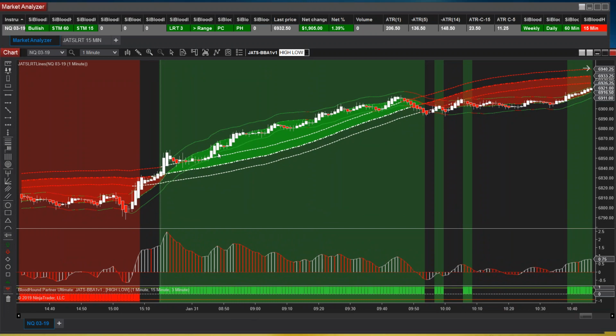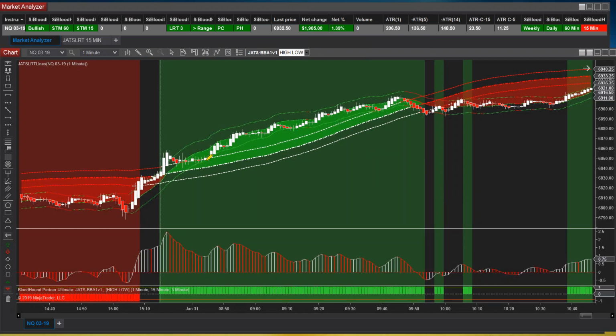And so I can set this up. I'll have the Bloodhound template going, and then use Blackbird to set the trade location at, say, the lower fast channel line. So every time I get a touch there, I would enter a trade, and that is going to be done through managing the trades in Blackbird.